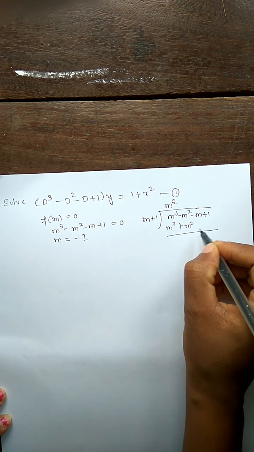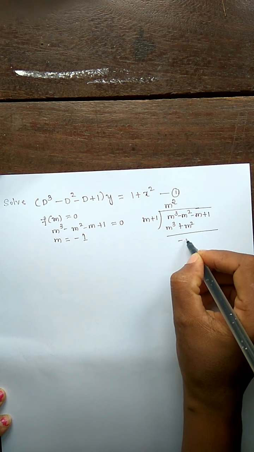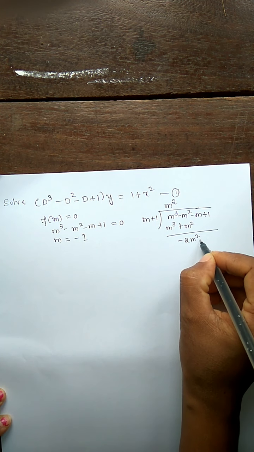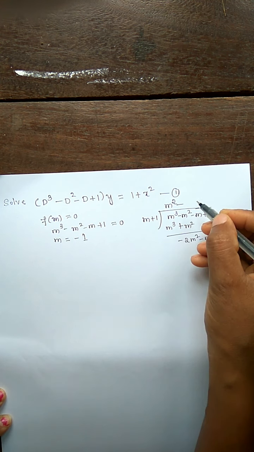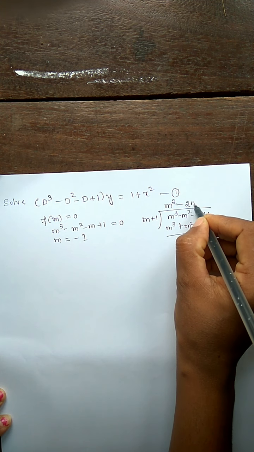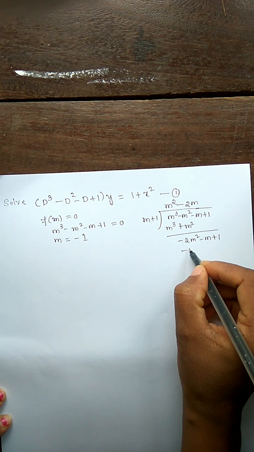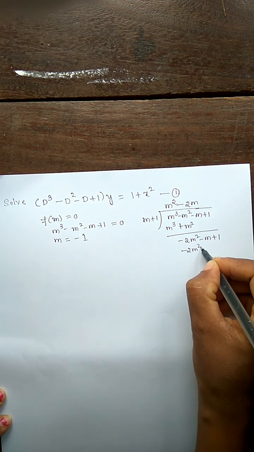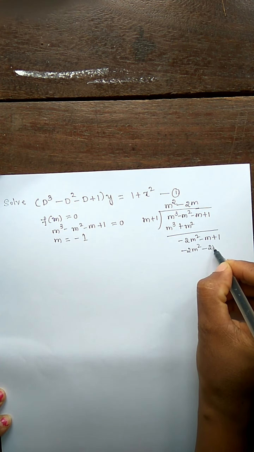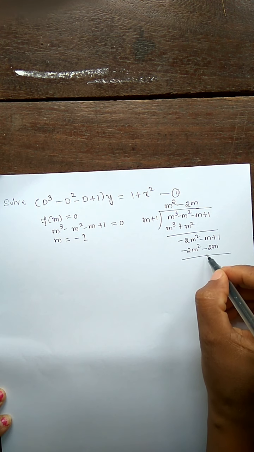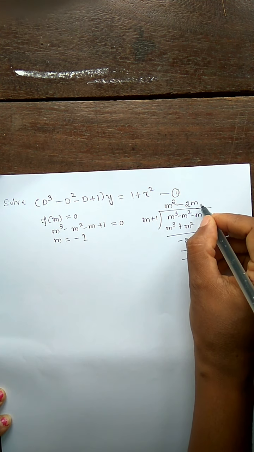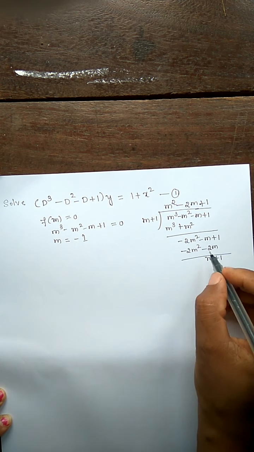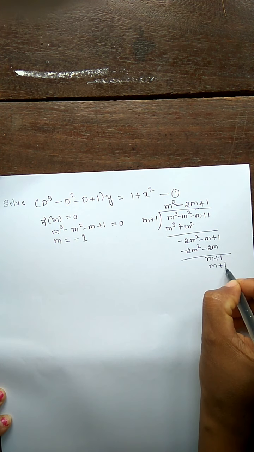Subtracting, we get minus 2m square minus m plus 1. The second term of the quotient is minus 2m, so minus 2m square minus 2m. Subtracting again, we obtain m plus 1. The third term of the quotient is 1, so then it is m plus 1.